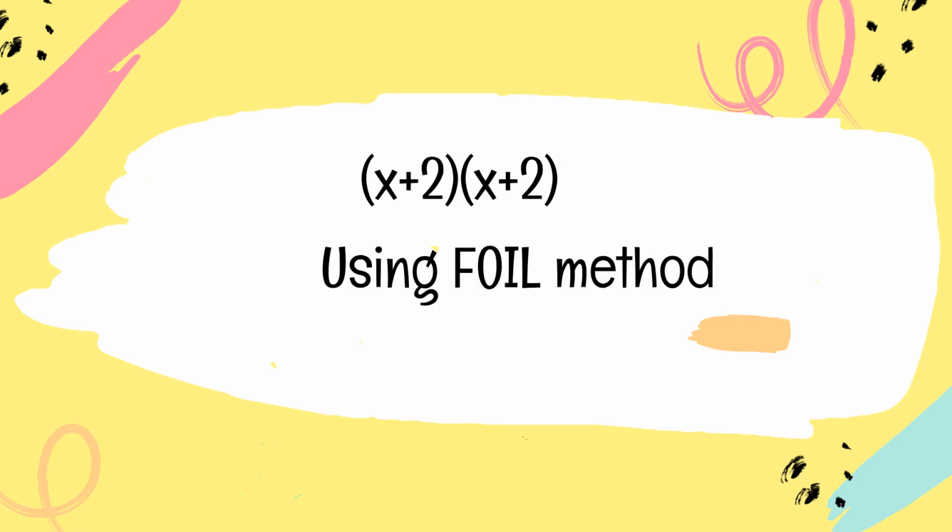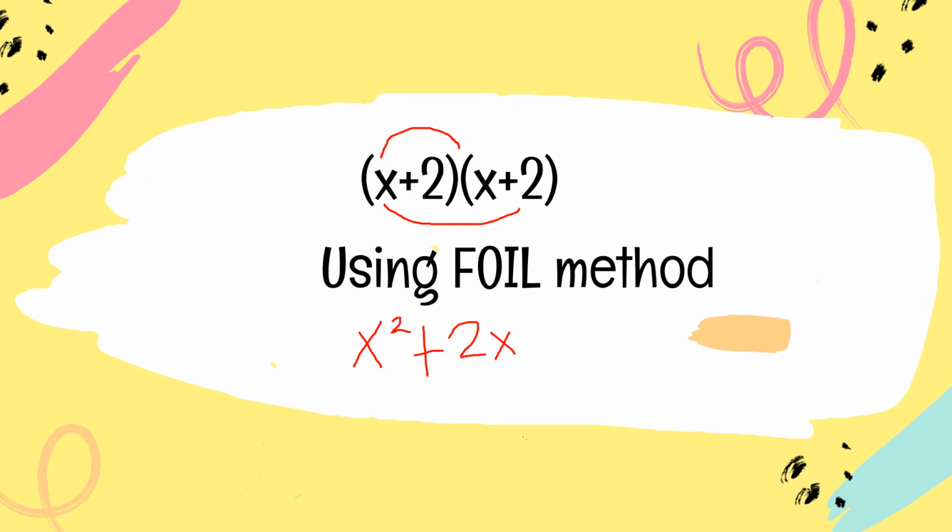So, sir, can we still use FOIL method? Yes. Pwede pa rin tayong gumamit ng FOIL method. So, tingnan natin kapag ginamit natin si FOIL method, ano ang magiging sagot natin? So, if we are going to use FOIL method, the answer here will be x squared. We have the outer terms, positive 2x.